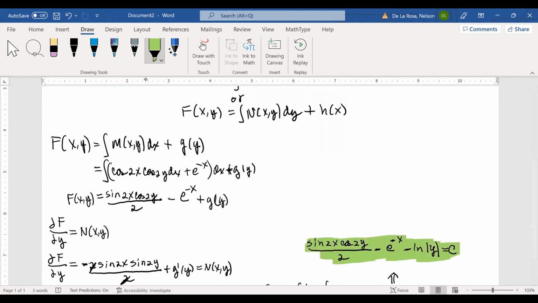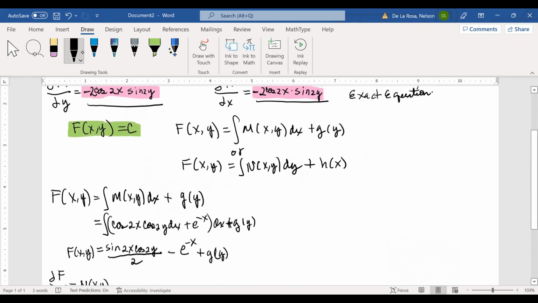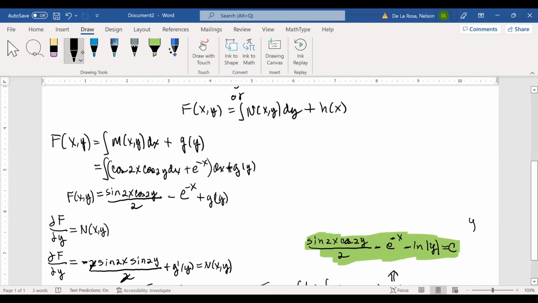But since this is an initial value problem and a condition is given, the condition is y at 0. y at 0 is equal to 1. So we replace 0, then we have sine of 2 times 0 times cosine of 2 times 0 divided by 2. That's going to be 0 because sine of 0 is 0.